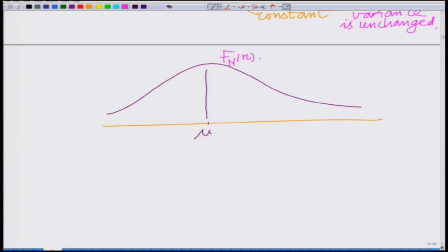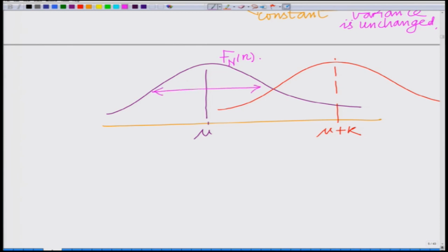Now, the probability density function of n plus k will be shifted, centered at mu plus k. But when we say the variance is proportional to the spread, the spread remains unchanged; the shape of the Gaussian remains unchanged, it is simply translated.